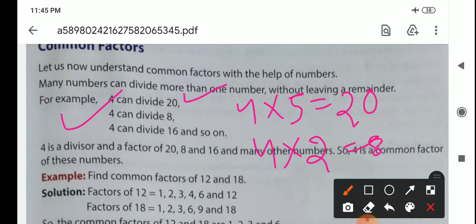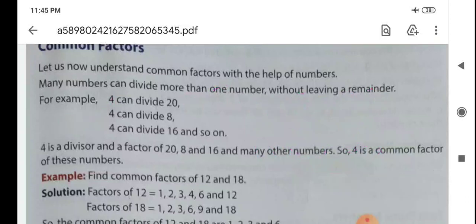So 4 is a divisor and a factor of 20, 8 and 16 and many other numbers. So 4 is a common factor of these numbers.